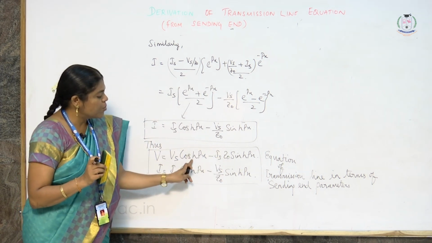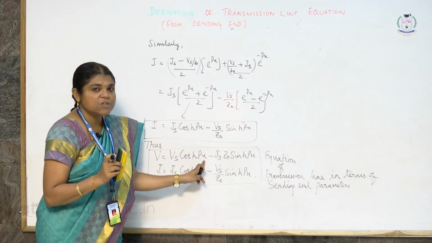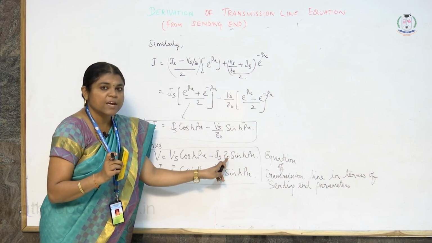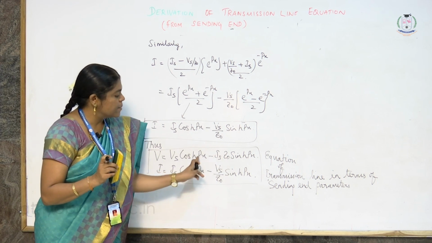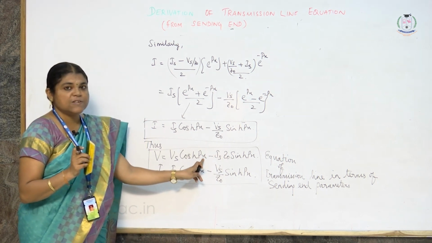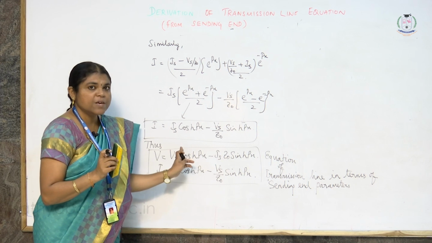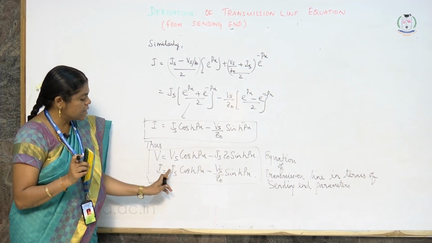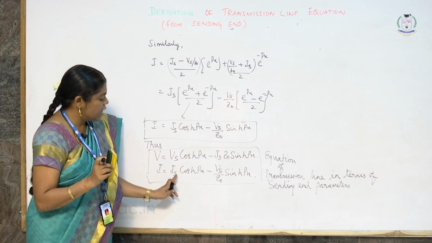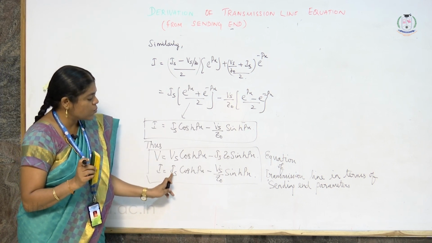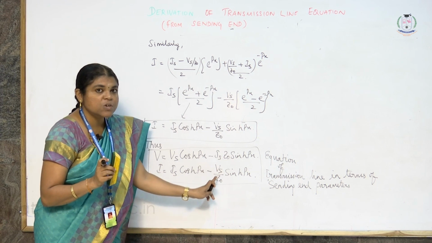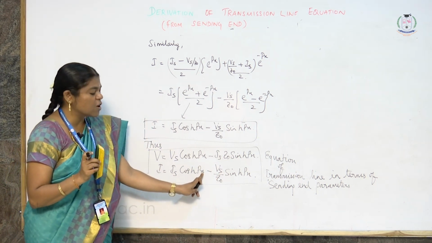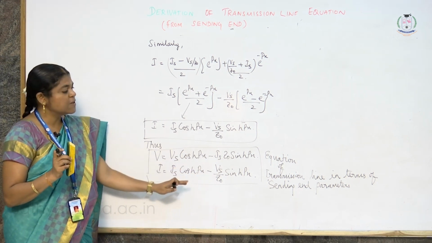The hyperbolic terms involve P, which is the propagation constant, and Z naught, which is the characteristic impedance, and x is the distance of our elemental length from the sending end. Similarly, we have written for current, where current at any point on the transmission line is a function of the sending end current, sending end voltage, characteristic impedance, the propagation constant, and x, which is the distance from the sending end.